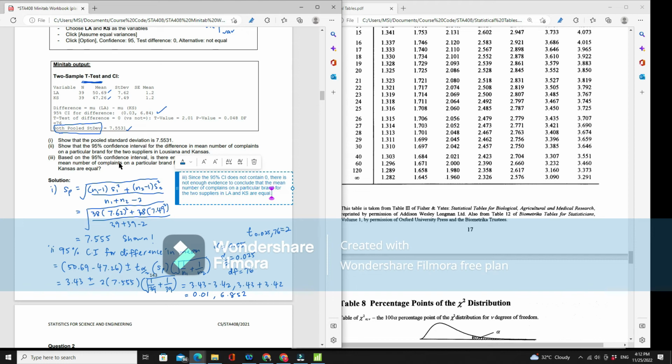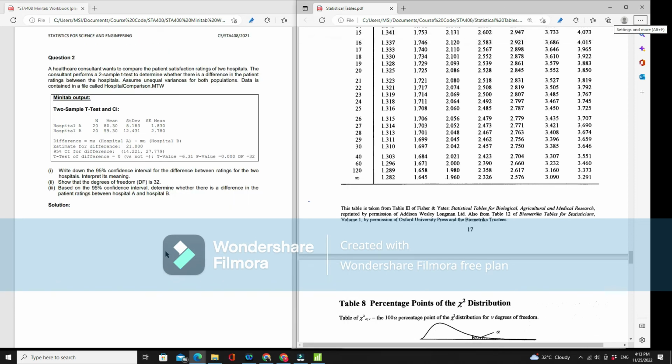Why? Because both are positive. If you get the confidence interval negative and positive, then there is no difference. That means there is a difference in mean.